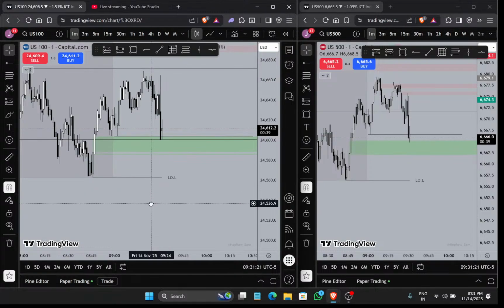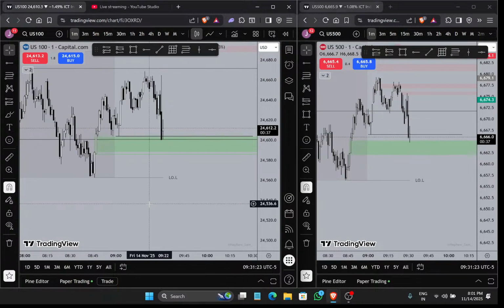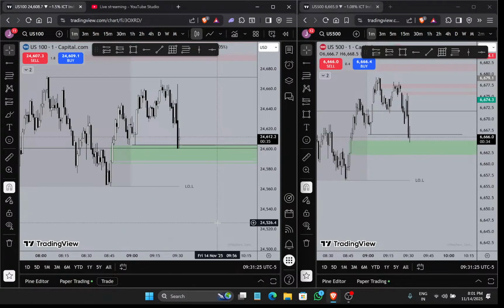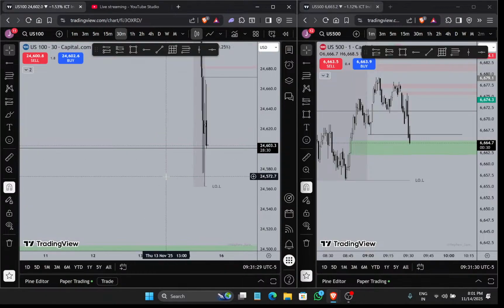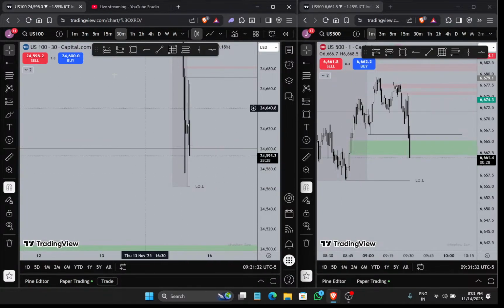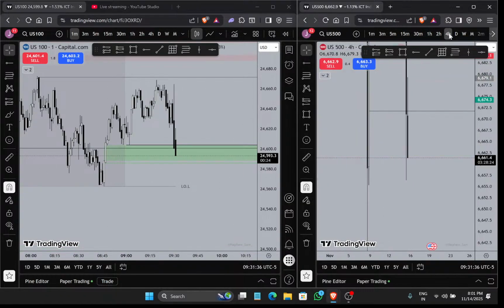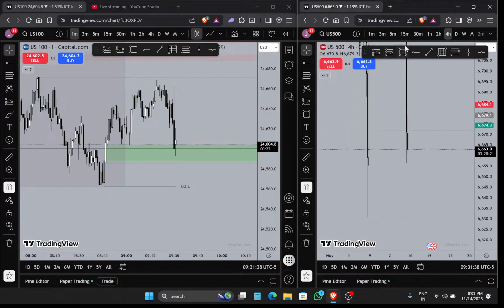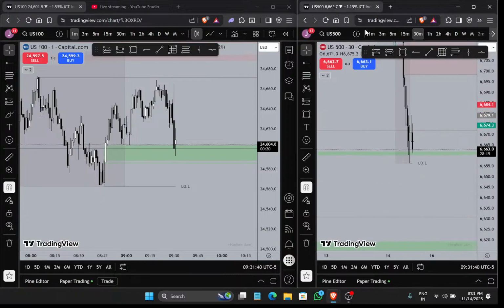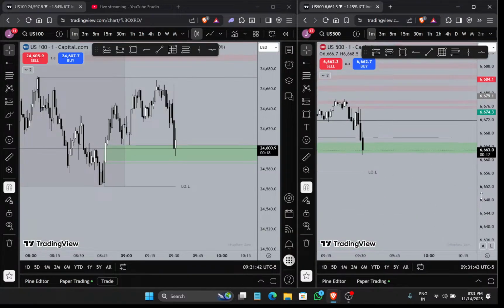So we are actually really bullish now. Look at this. We swept that 4 hour low. We are inside this 30-minute on ES. So pretty good levels overall.